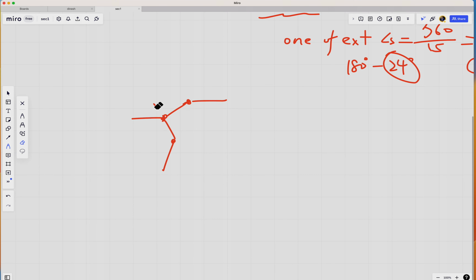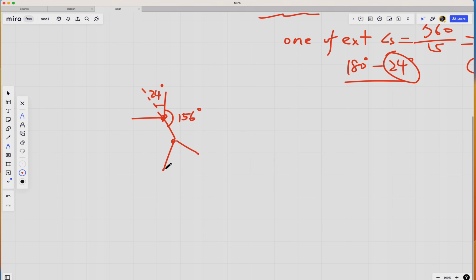Then the interior is how much? 156, is it? 156. Okay.